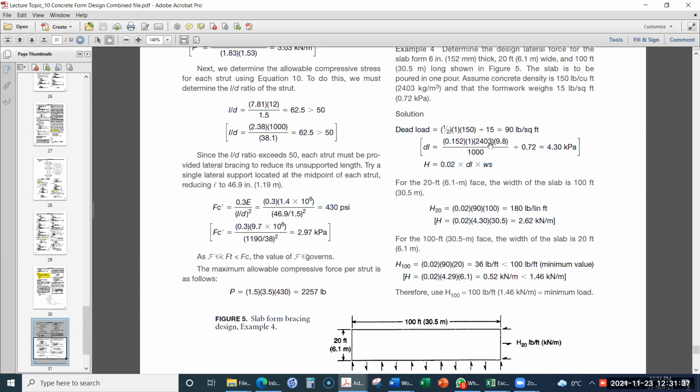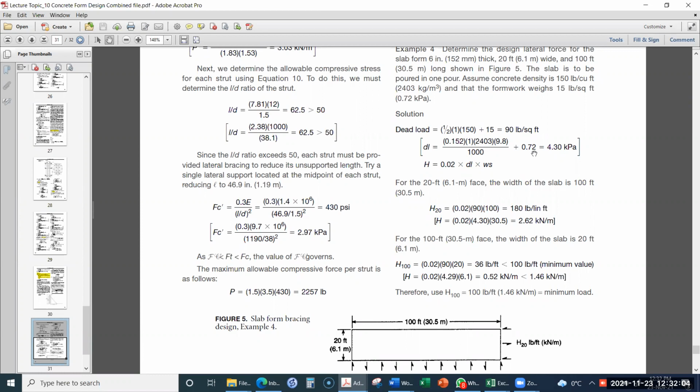And then the density of the slab is this 2403, multiplied by 9.8. This is to convert the kilogram into the Newton units. And then this 1000 is for converting newtons into kilonewtons.